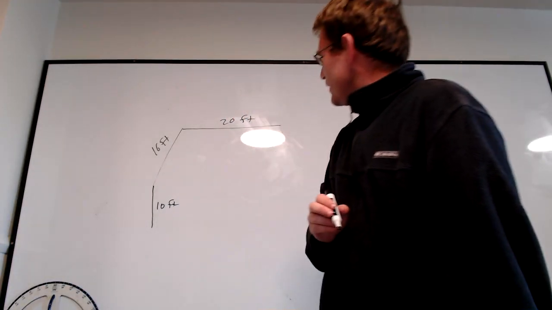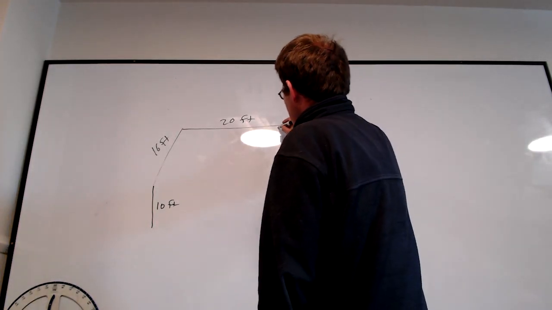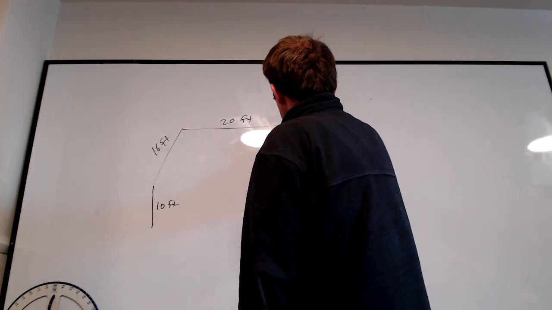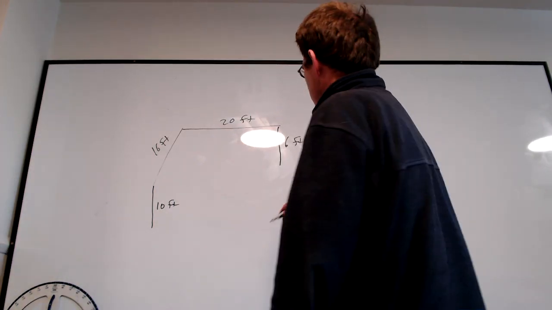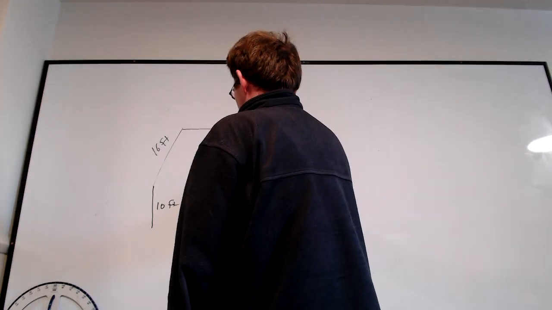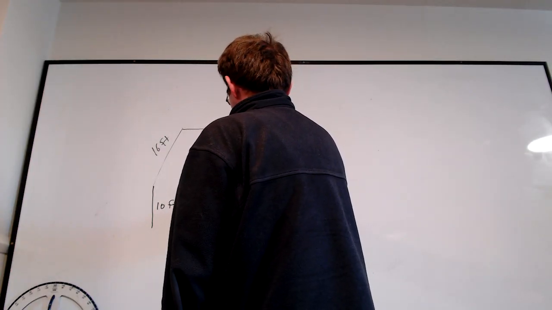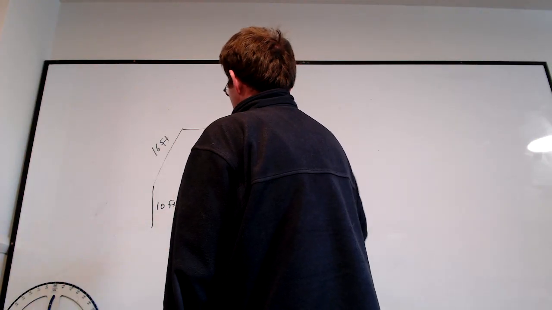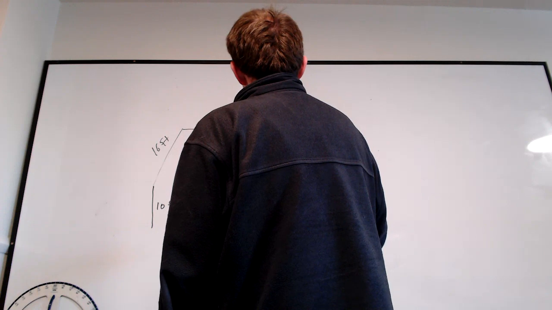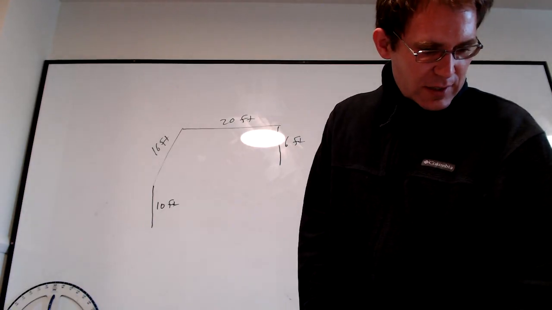Oh boy. Hopefully this drawing is going to work out. And 6 feet. I think you need to make it 16 feet and then 6 feet. Wait, what am I doing wrong here?